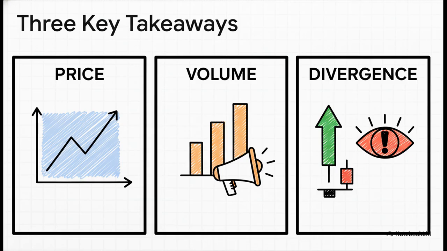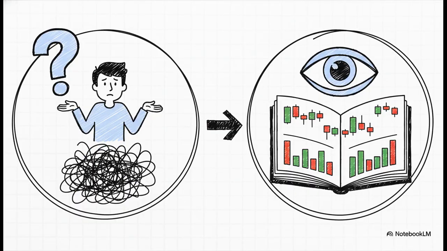So let's boil this whole thing down to 3 simple takeaways. Number 1, price tells you what happened. Number 2, volume tells you how important it was. And number 3, the most critical one: when the price and the volume disagree, when you see that discord, that is your signal to stop and pay attention. The real power in this approach is that it moves you away from just guessing and into a state of real analysis.